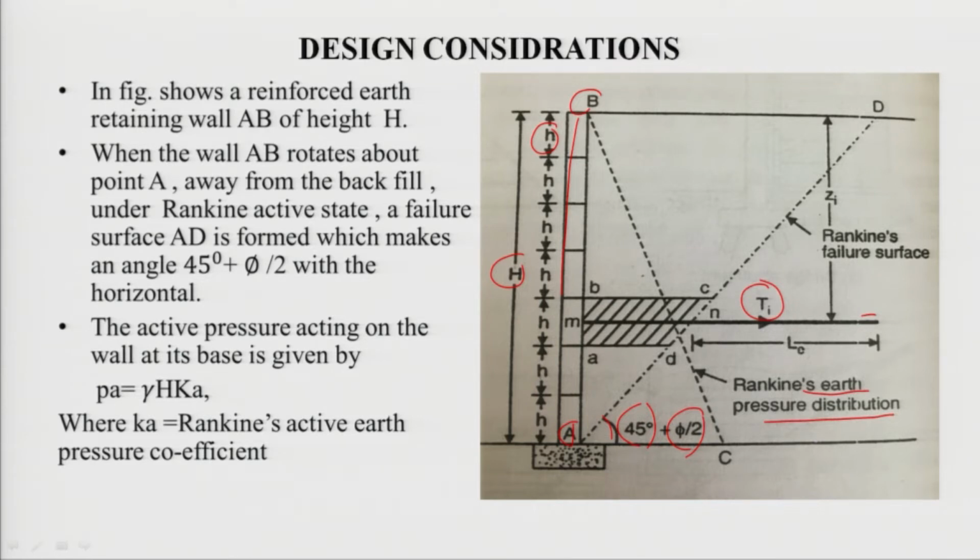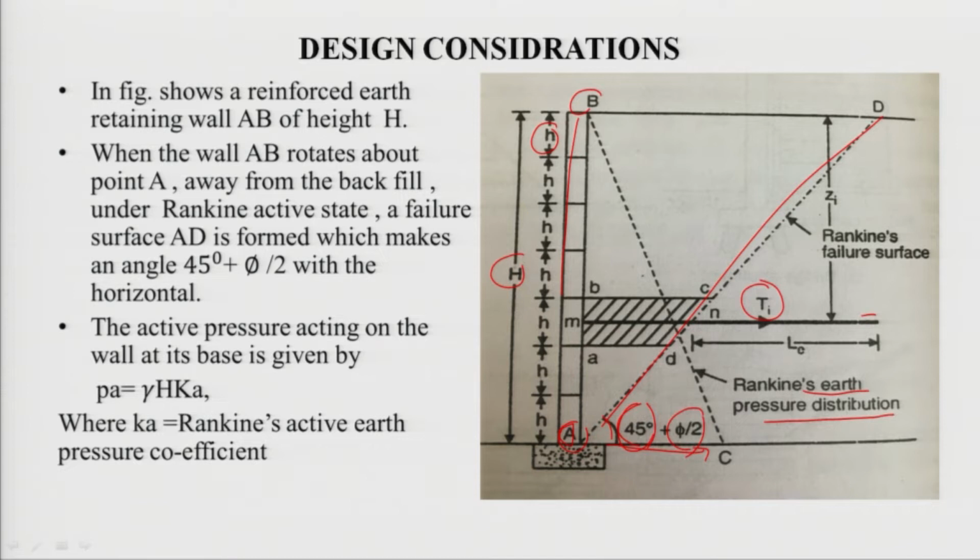in the figure shows a reinforced earth retaining wall AB of height h. When the wall AB rotates about a point A away from the backfill, a failure surface AD is formed, which makes an angle 45 plus phi by 2.